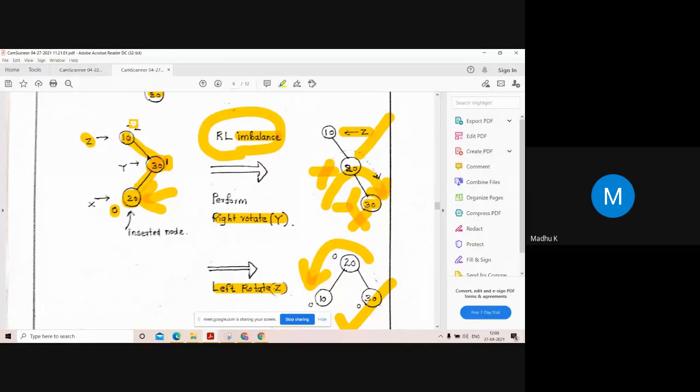So in this path, the grandchild of Z is X. So Y and X are very important.